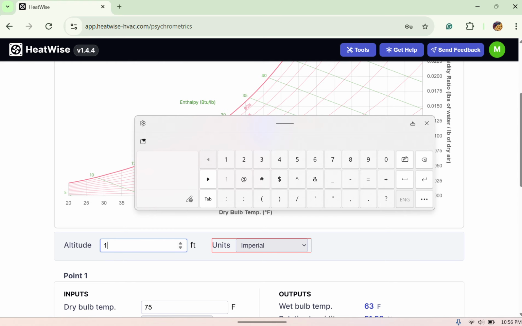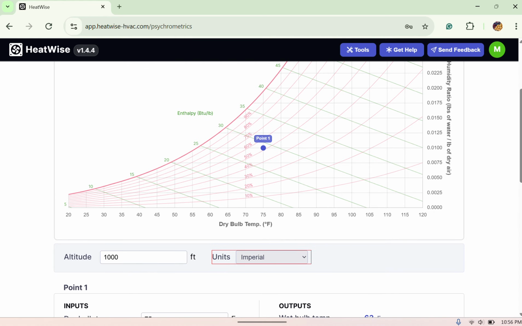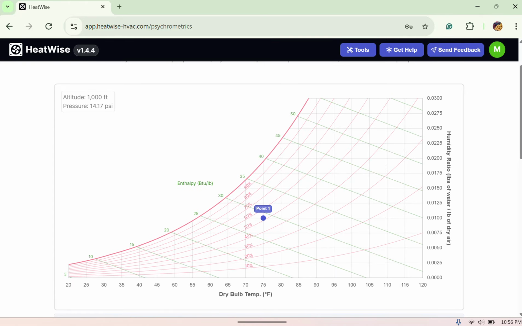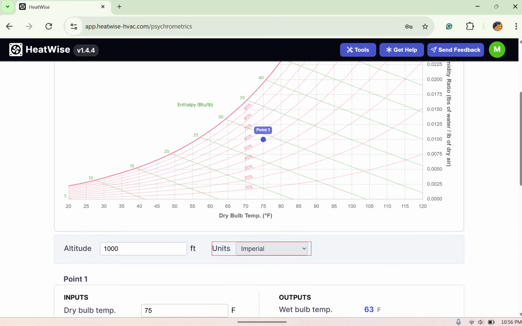So let's say we were 1,000 feet above sea level. It will actually alter our psychrometric chart, and you can see that our altitude in the top corner here is 1,000 feet. It changes the pressure, changes the look of the chart a little bit.